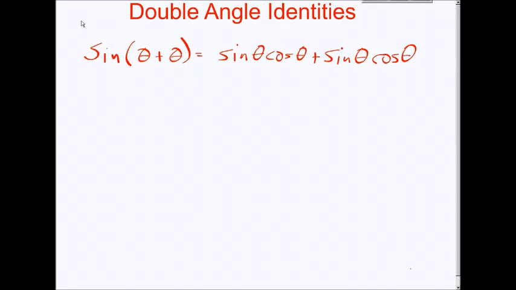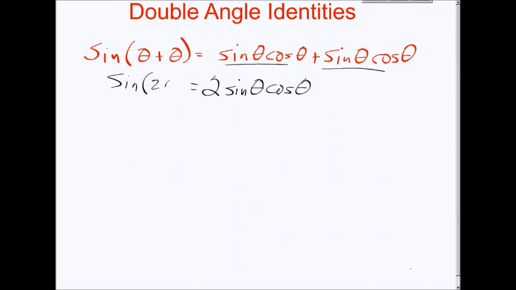And rather obvious from that, we have the same thing in both spots, so that is just 2 sine theta cosine theta. And if we rewrite the left side just a little bit differently, we have the sine of 2 theta. So that's the first of our double angle identities. The sine of 2 theta is 2 sine of theta cosine theta.